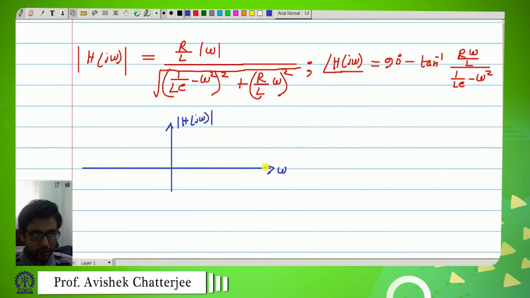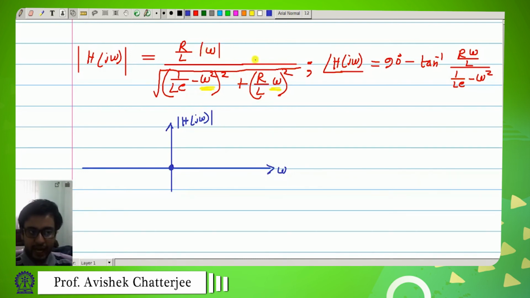Now let me plot the magnitude response approximately. At very low frequency, very low omega, in the denominator you can ignore the omega terms compared to 1 by LC, because omega tends to 0, and this is a finite number. So the denominator is something constant and the numerator will go towards 0. So at very low frequency, this magnitude will be 0.